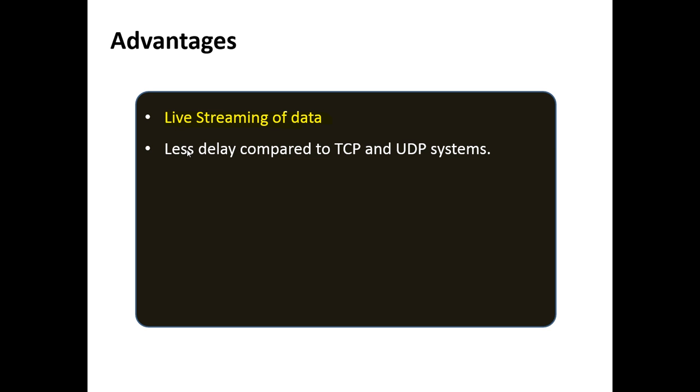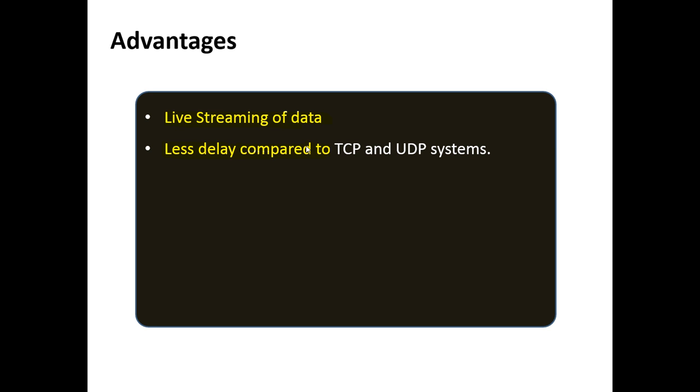So the advantages of our project are that we are going to achieve live streaming of data. Live coverage we are going to achieve, so the delay experienced will be very less. Because RTP and RTSP will not bother about resending the frames. Even if within a 1 second video some frames are lost, it doesn't ask for resending.